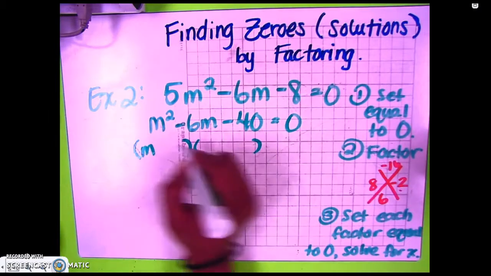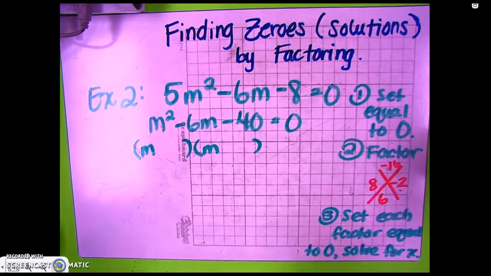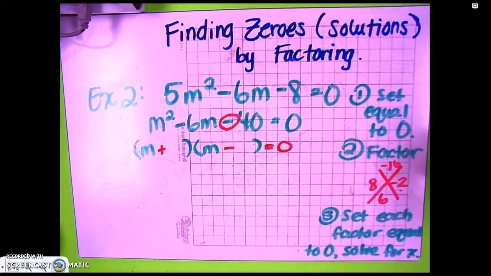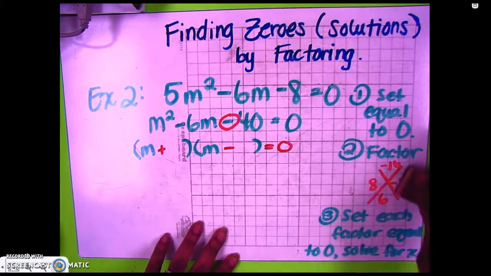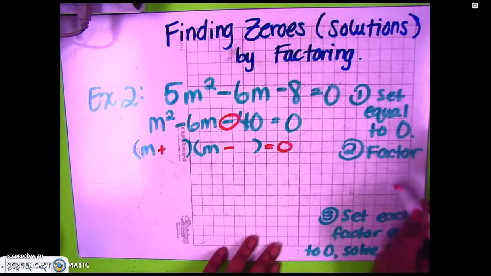M will go in the front places, and this quadratic ends in a minus, so I'm going to use different signs, a plus and a minus, and then I need factors of negative 40 that combine to be negative 6.